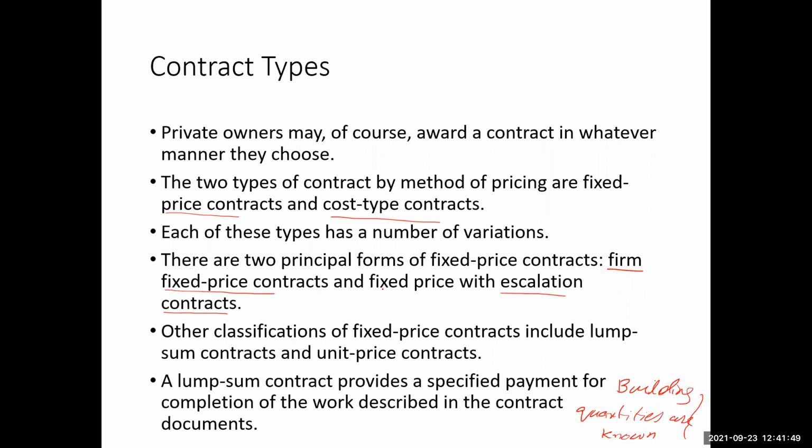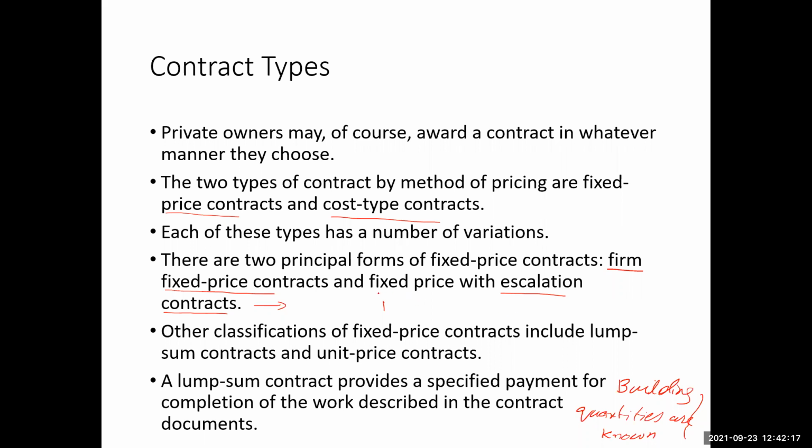Fixed price contracts with escalation are normally done when the project is of relatively longer duration, and when there is a tendency of the prices in a country changing too much, when the prices of materials and services are increasing, or inflation is taking place quite a lot in certain countries.